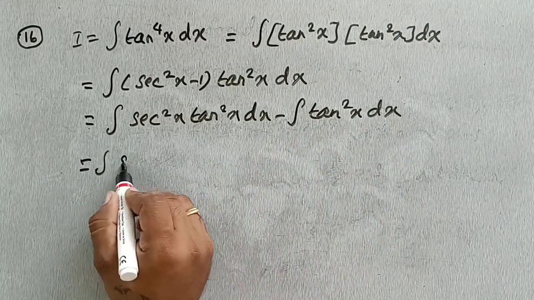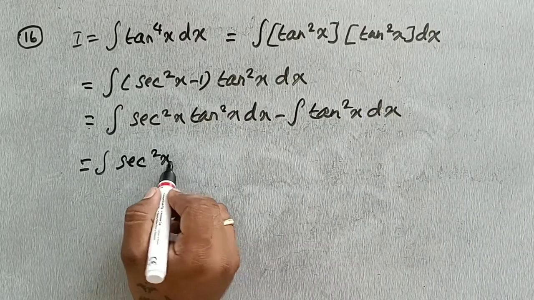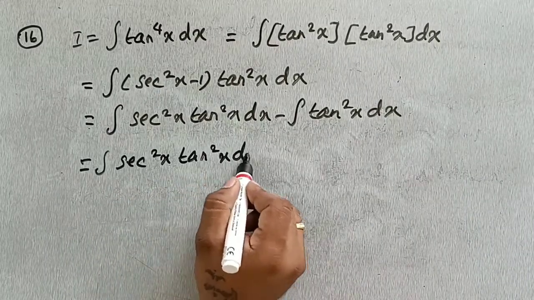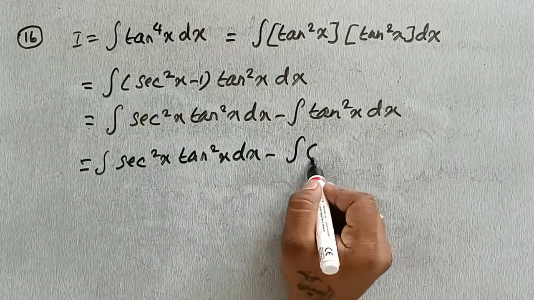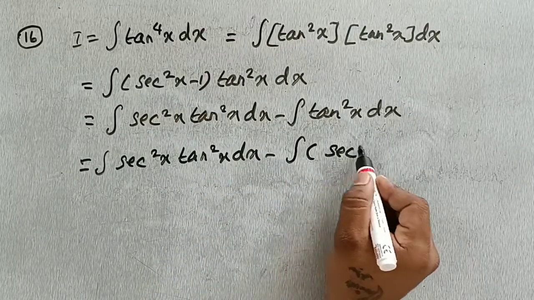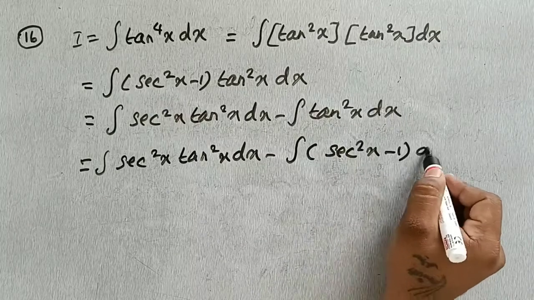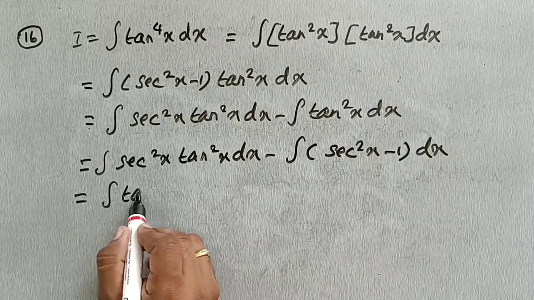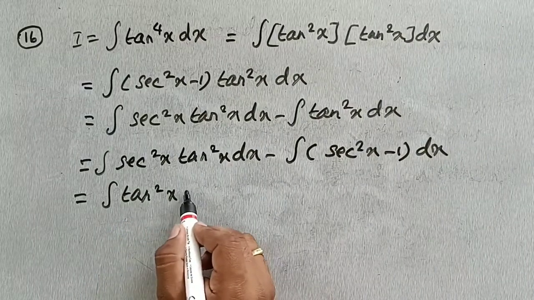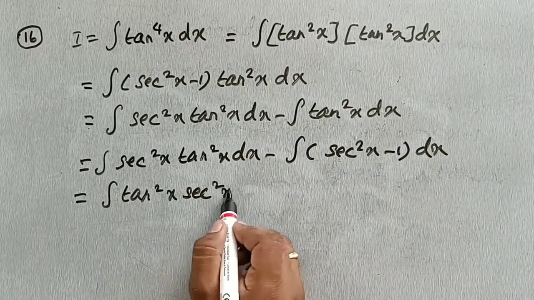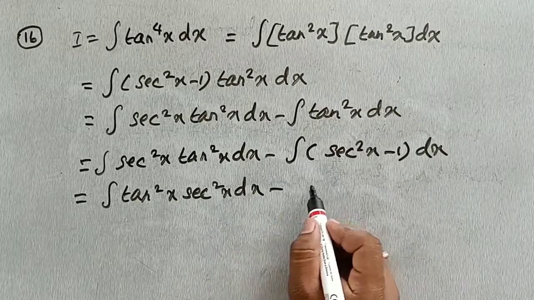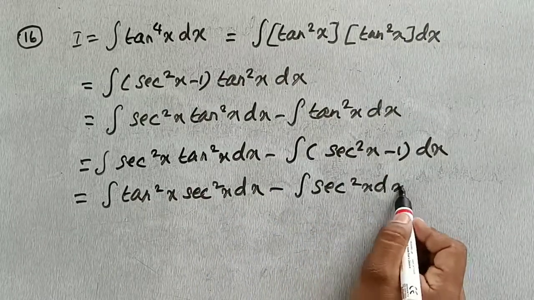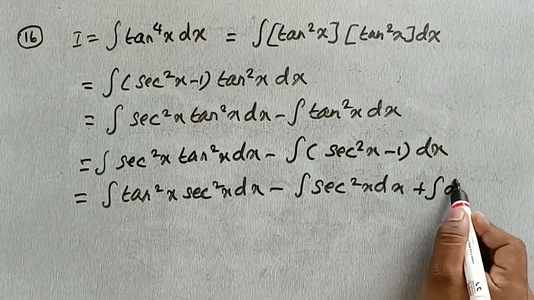So this will be written as it is, secant square x into tan square x dx minus integral of (secant square x minus 1) dx. Now we rewrite this again: tan square x into secant square x dx, multiply minus inside and separate the integral, minus integral of secant square x dx plus integral dx.